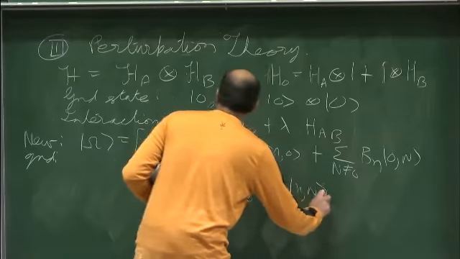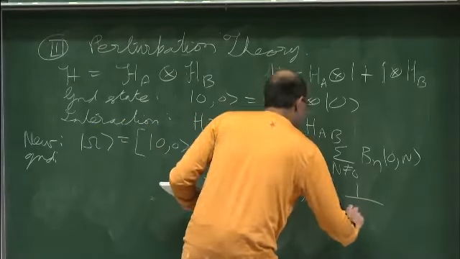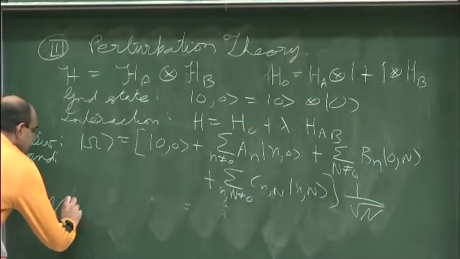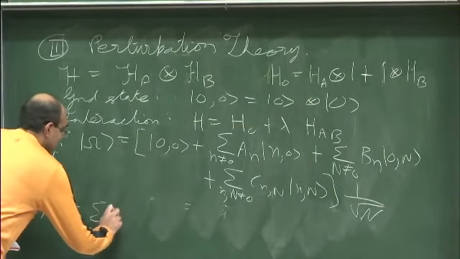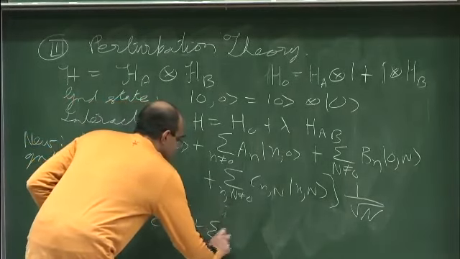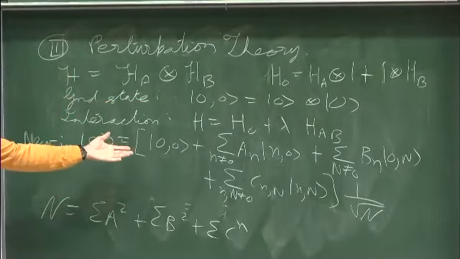And I need to normalize this, so I'll multiply by 1 over the square root of N. And of course, N is basically the sum of A squared plus the sum of B squared plus the sum of C squared. So this is just the kind of formula that has to work out.